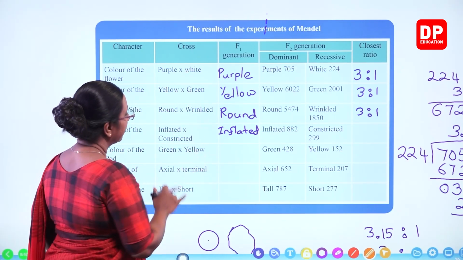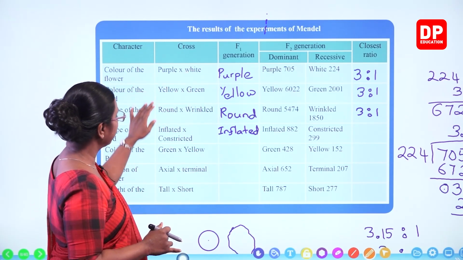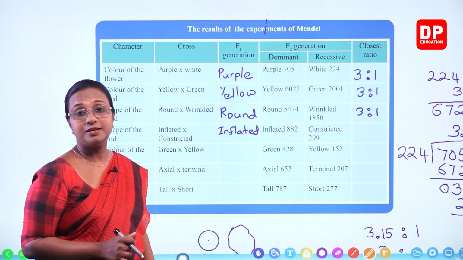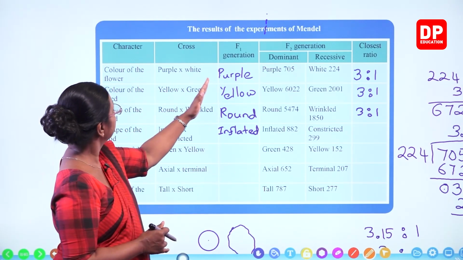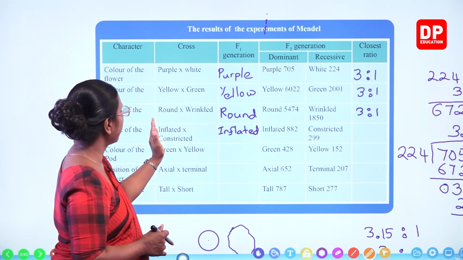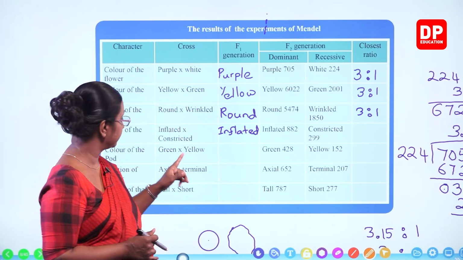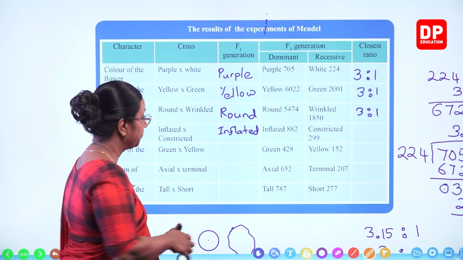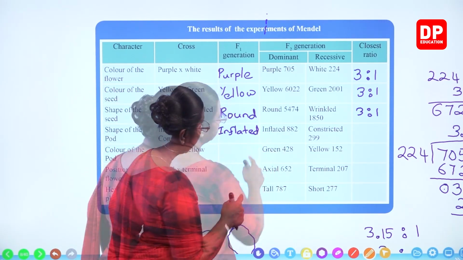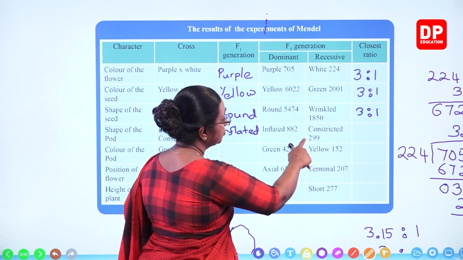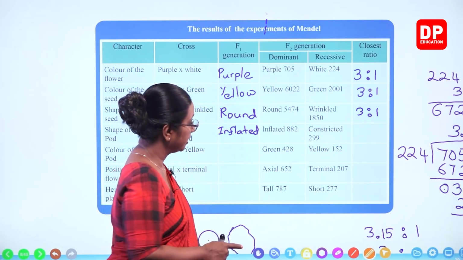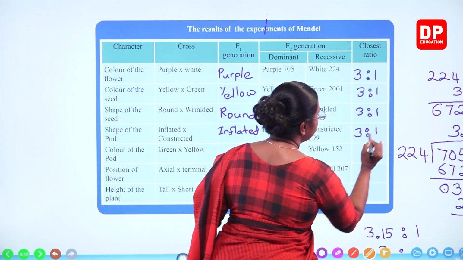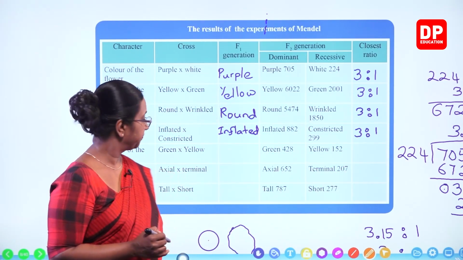And here again you can see another pattern. When we write the characters, normally the dominant character is written first. Dominant, recessive. Round is dominant, wrinkled is recessive. Inflated is dominant, constricted is recessive. So inflated 882, constricted is 299. If you get the ratio, that also will give you a value of 3:1.